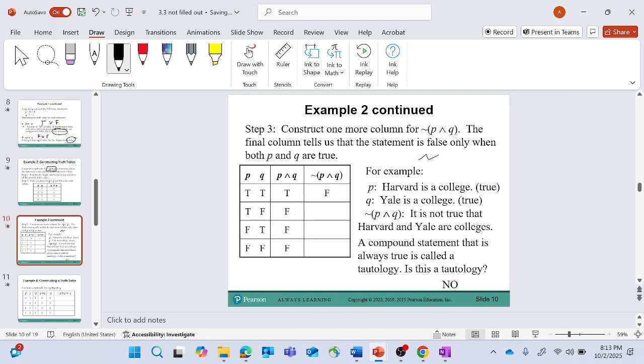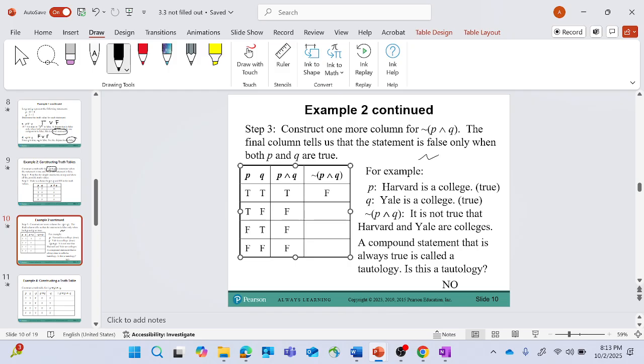Parentheses is parentheses. It's P and Q, and then you do nothing. So it's the opposite of it, yes.